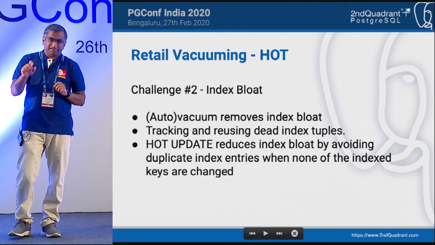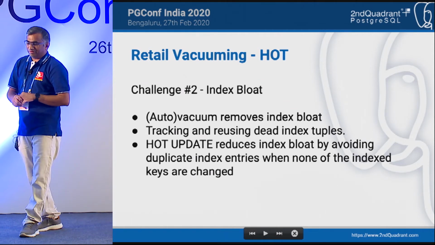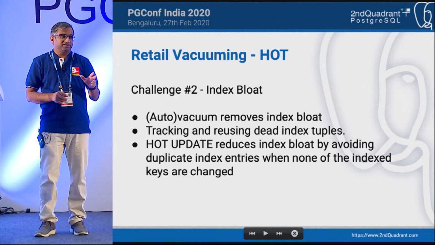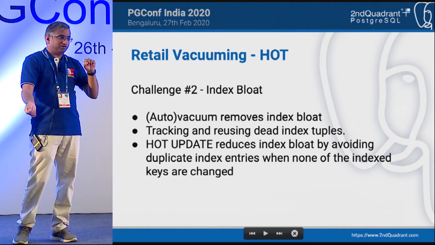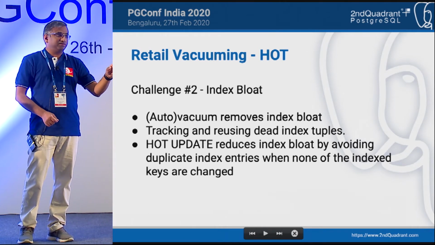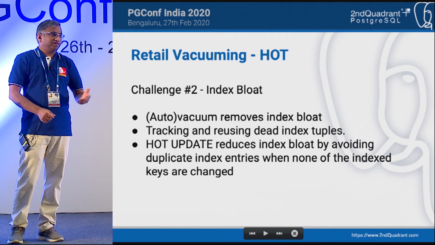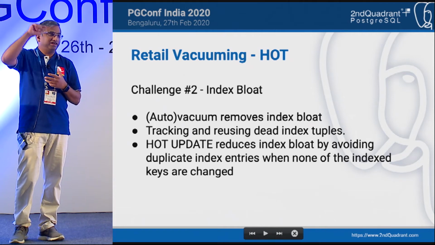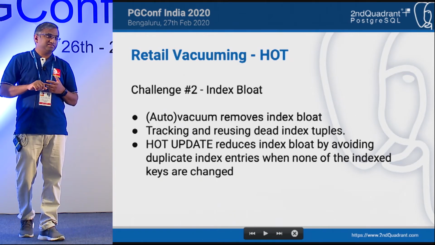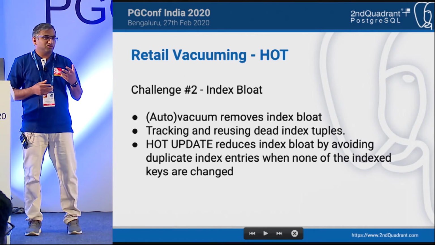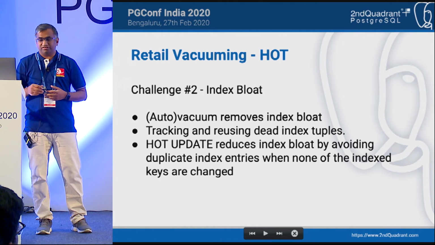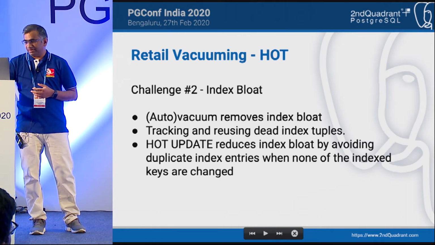The bad thing was that before HOT, if you were updating a column and you were not even updating an index column, even then a new index pointer was being inserted. With HOT, we stopped doing that. So if you are updating an index column, then hard luck, you will still have another index pointer.